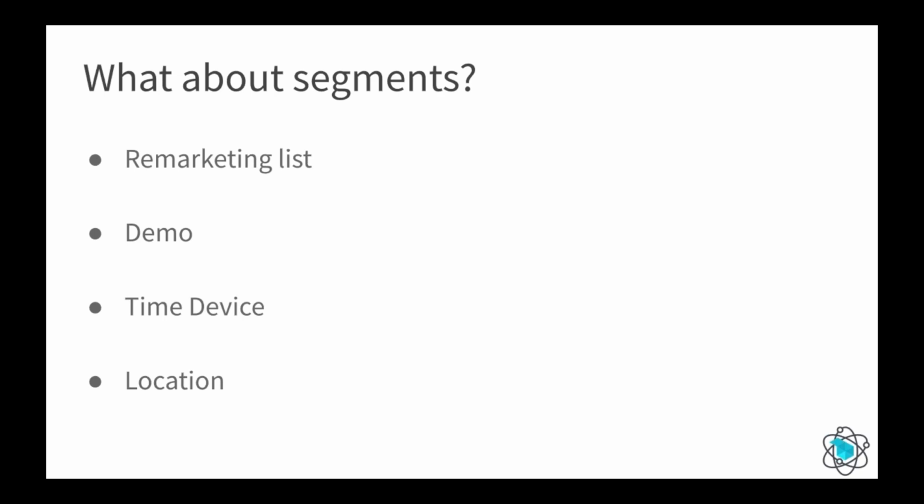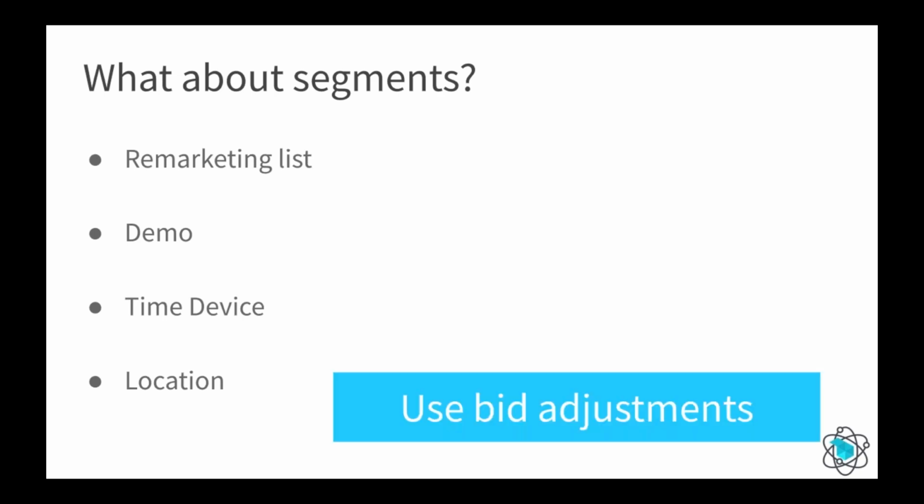Or we can slice our audience by demographics, so by gender, by parental status, by age, but also by the time of the day, the device, and the location where our users are. These are all pieces of information that come very handy when it comes to bidding, because we can use them for bid adjustments.